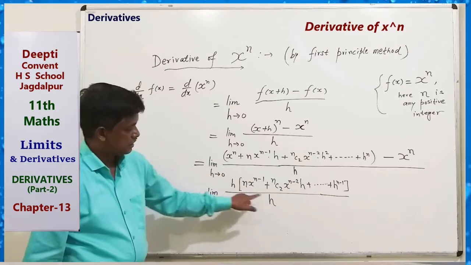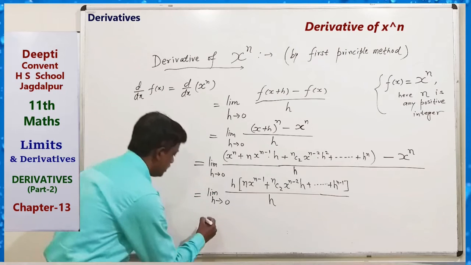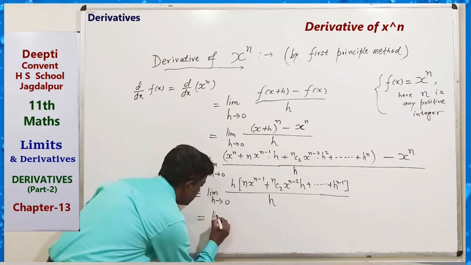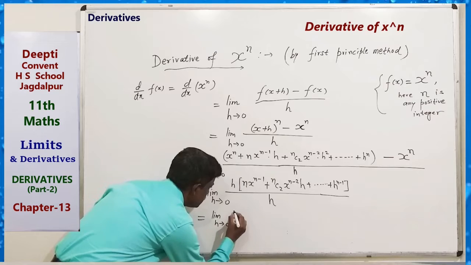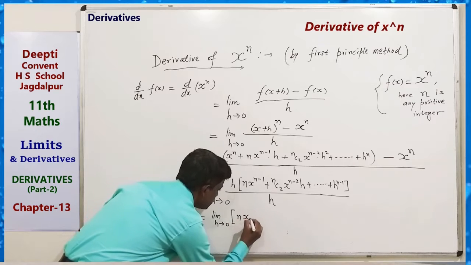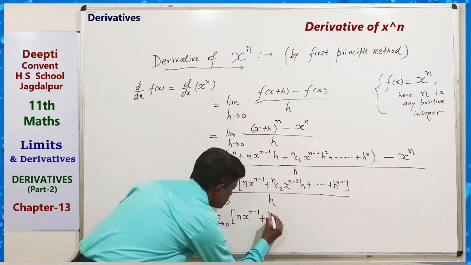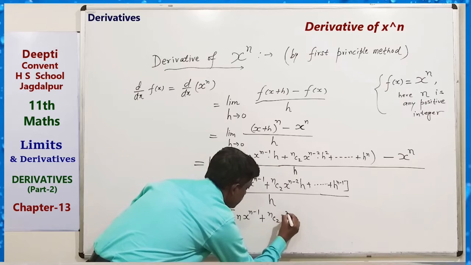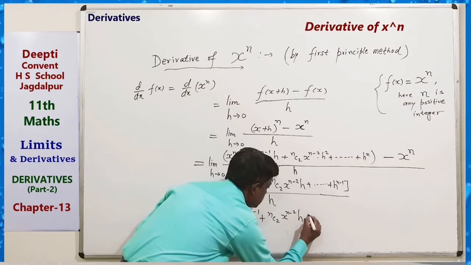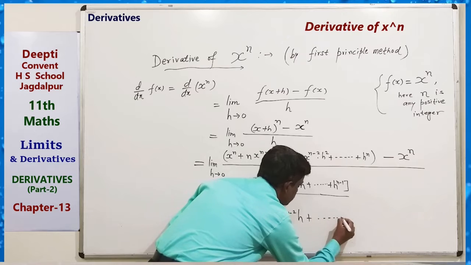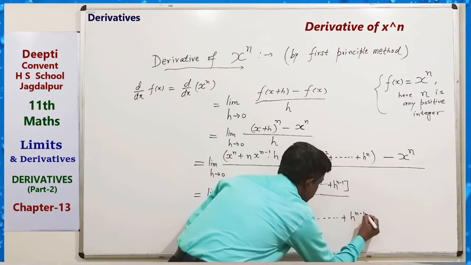So h cancels out. We get limit h tending to 0 of n x to the power n minus 1 plus nC2 x to the power n minus 2 h plus and so on up to h to the power n minus 1.